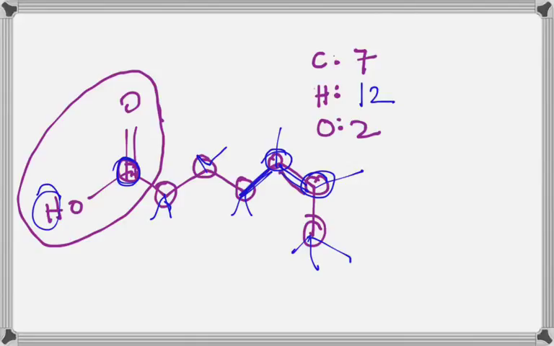Now, in all honesty, I'm trying to give you guys just a really quick crash course. And again, carbon makes 4 bonds. Even if it's a double bond, that counts as 2. So the easiest thing usually is to go through and count first how many bonds those carbons are making, and then just take 4, subtract that number of bonds it's making, and the rest of them are hydrogens.